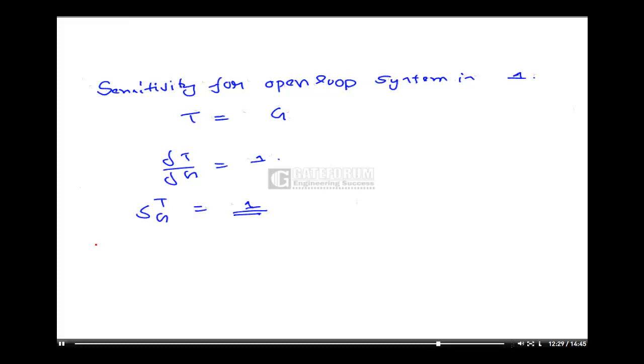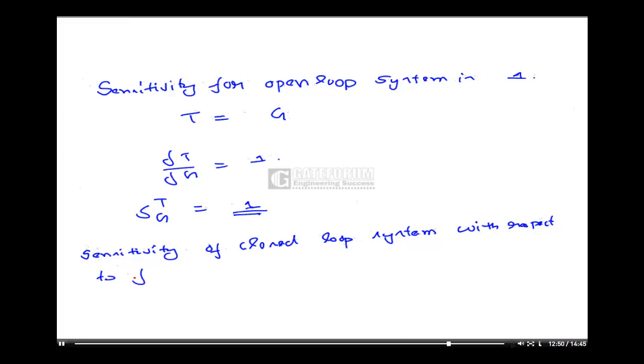Sensitivity of closed loop system with respect to feedback factor H, that means S of T with respect to H, is delta T by delta H dot H by T, which is equal to minus GH upon 1 plus GH.